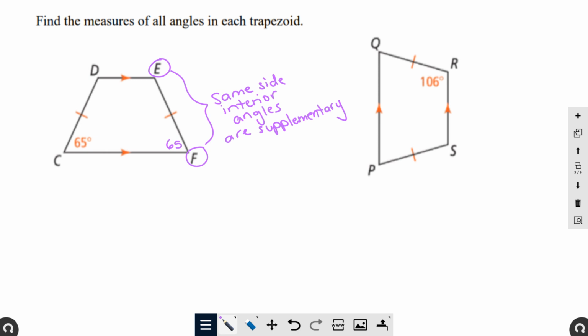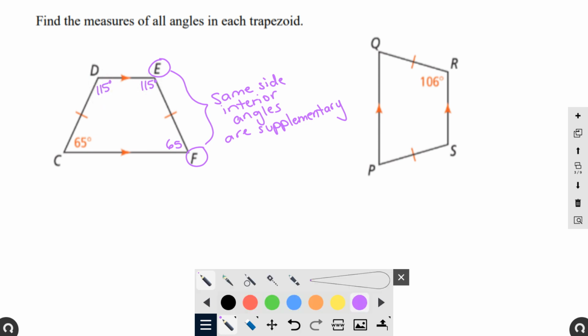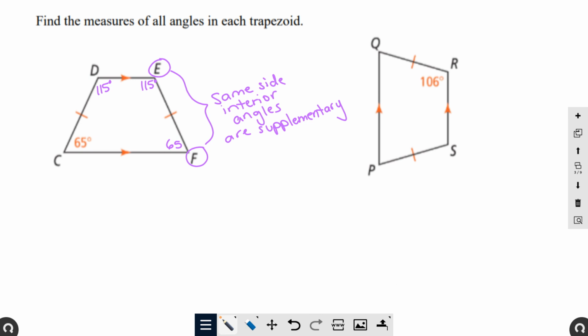So what would we need to add to 65 to get a supplementary angle? 115. So E is 115 and D is 115. Don't forget, same side supplementary. Same side. Good job.